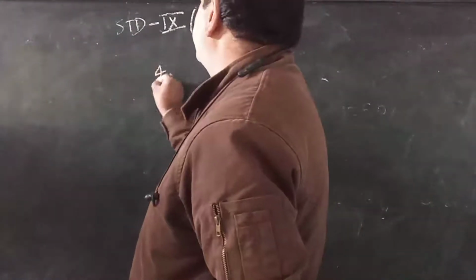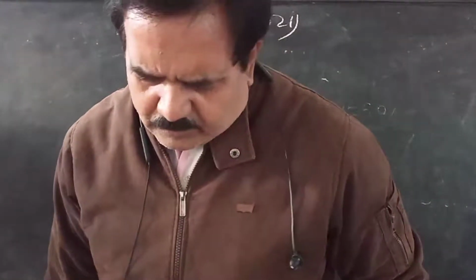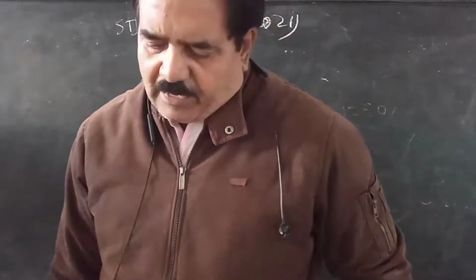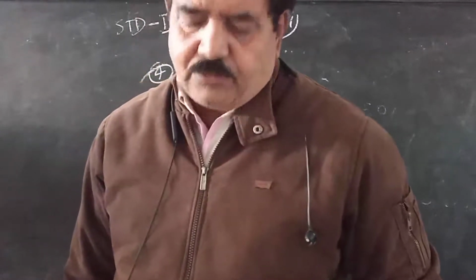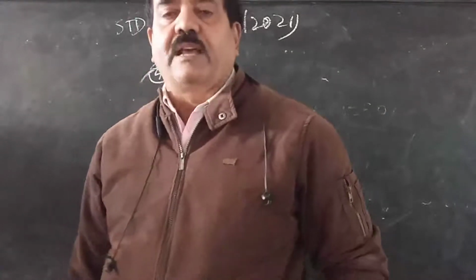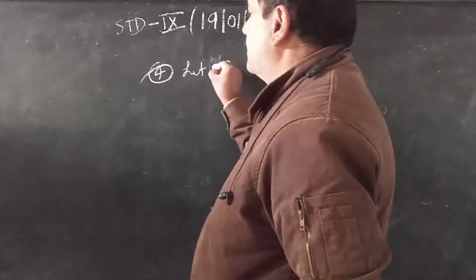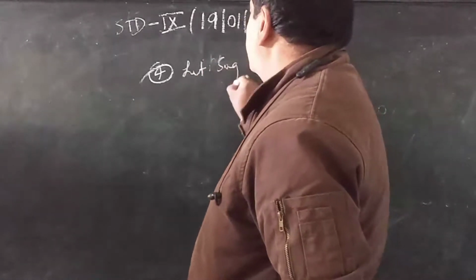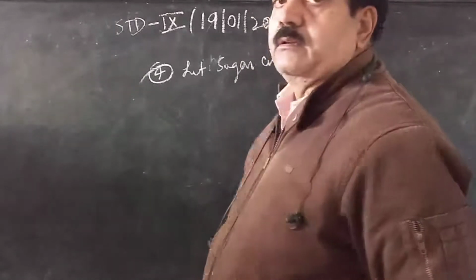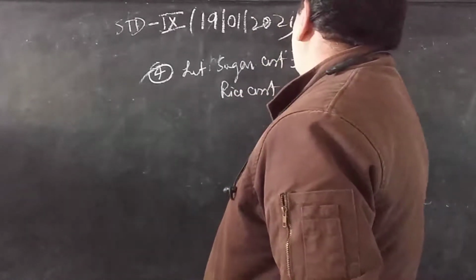Question number 4. Five kg of sugar and 7 kg of rice cost 153 rupees. And 7 kg of sugar and 5 kg of rice cost 147 rupees. Then you have to find the cost of 6 kg of sugar and 10 kg of rice. So let sugar cost rupees x, rice cost rupees y.